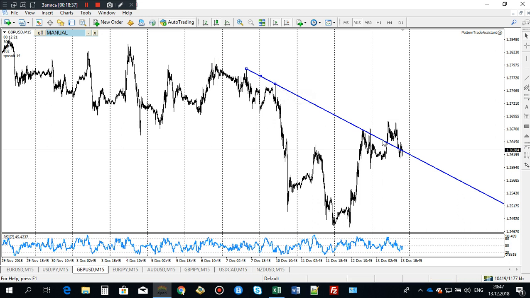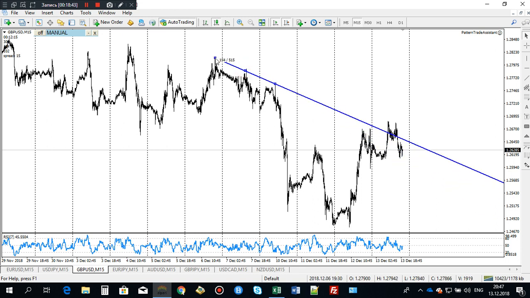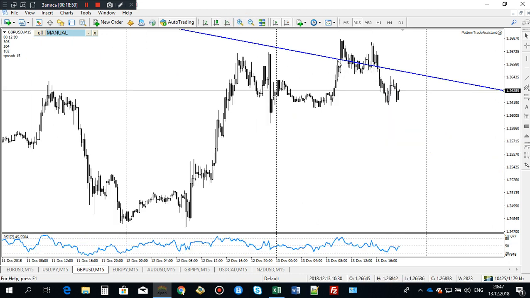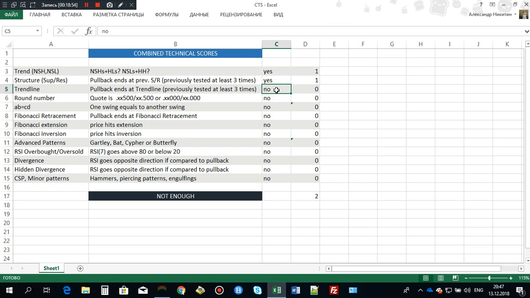And if we draw it this way, it looks as if we violated that trend line. I drew my trend line this way, and because of that, I saw that it should bounce at that trend line, and I answered yes.